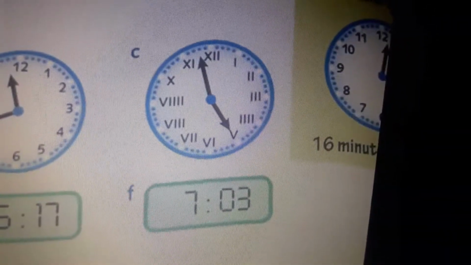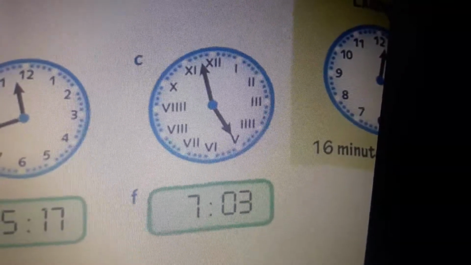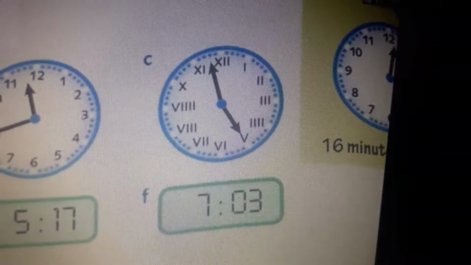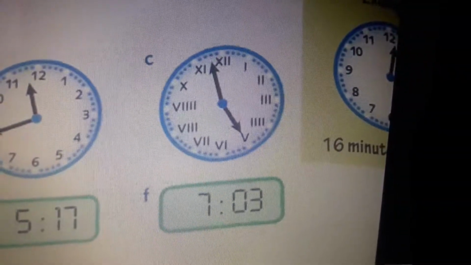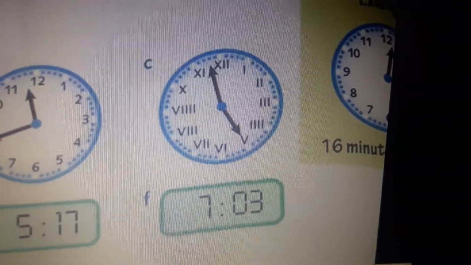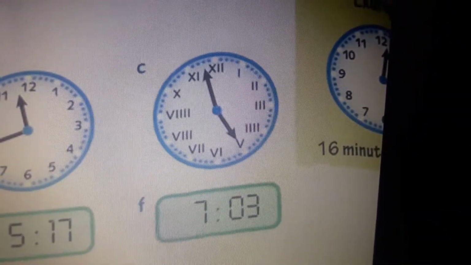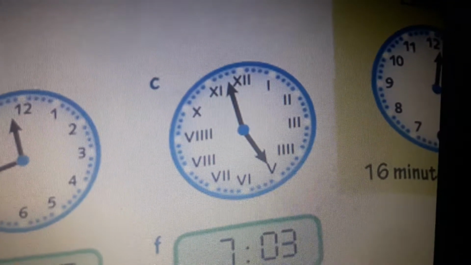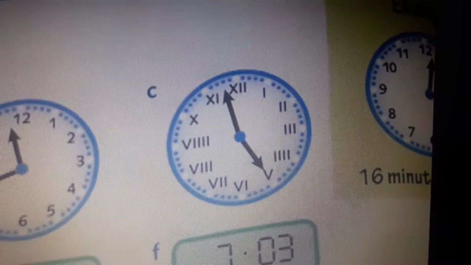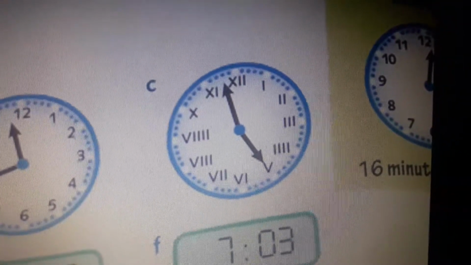The third clock has Roman numerals written on it. Of course, you remember that V represents the number 5, and XII represents 12. So we have the hour on the 5, but the minute hand is before the 12 by 2 points.